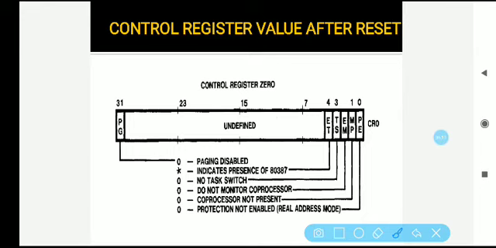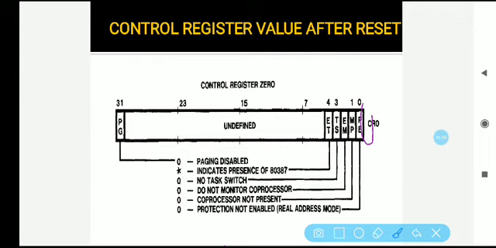And the last bit is the PE bit. PE is protection enable. Currently it is at 0 level. So protection not enabled means your processor is in real addressing mode. If this bit is 1, then your processor is in protected mode.